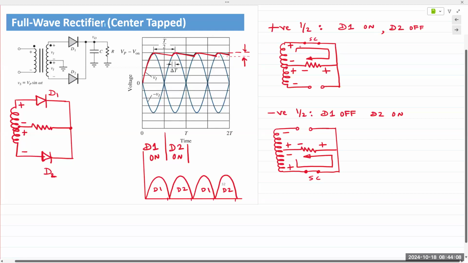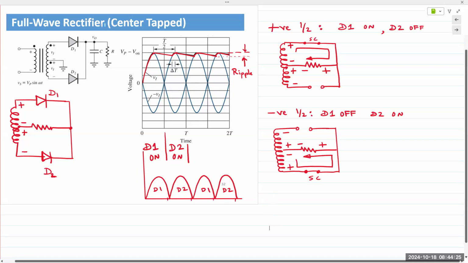It's like a wave ripple, right? And hence it is known as the ripple. The actual DC component, of course, is, and I'll draw the waveform down here.